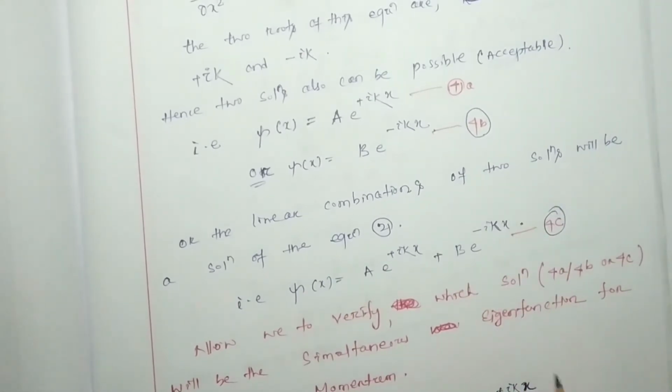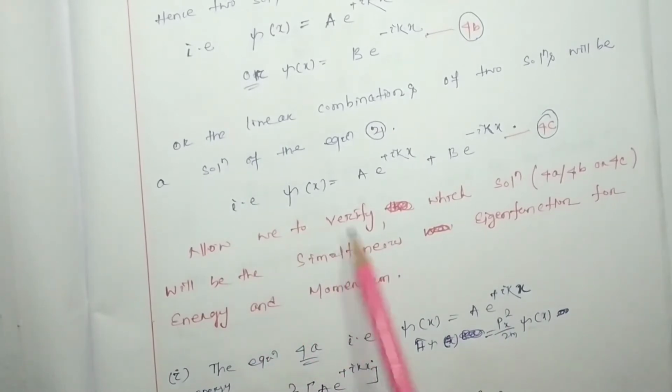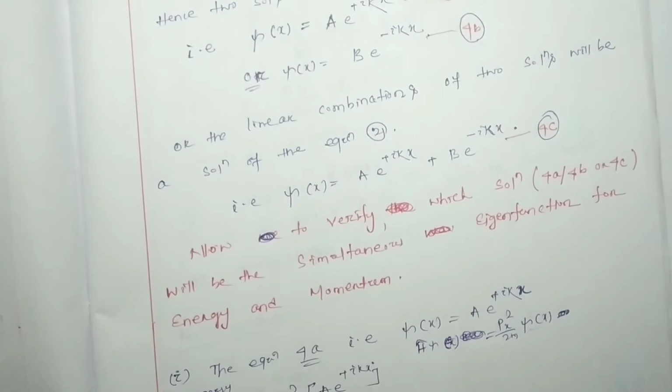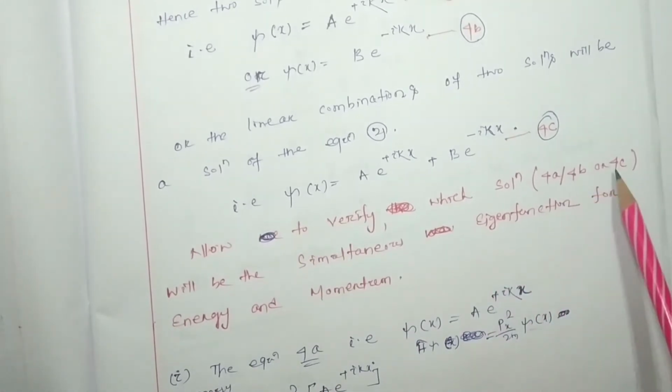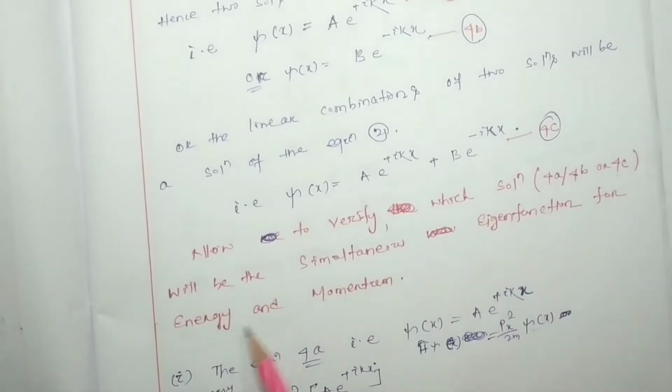That we have to check. Now, to verify which solution, 4a or 4b or 4c, will be the simultaneous eigenfunction for energy and momentum.